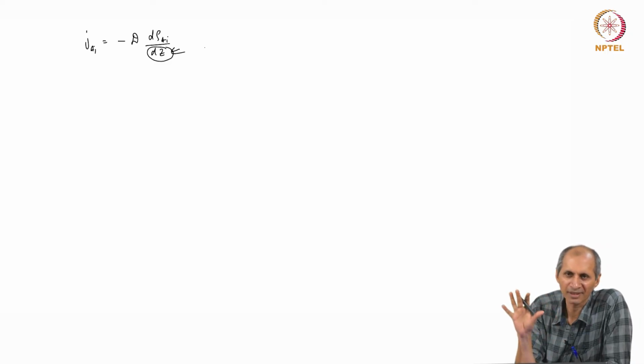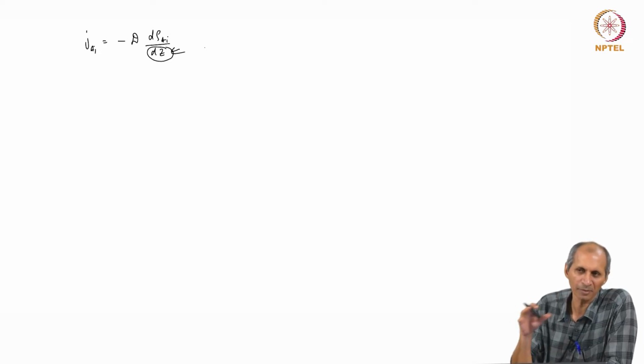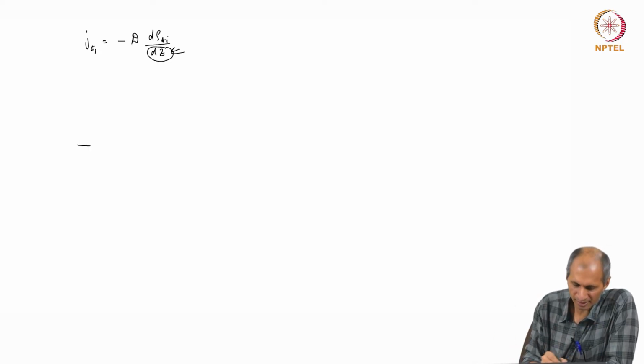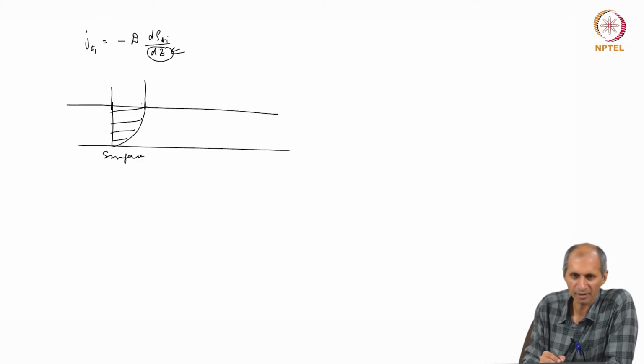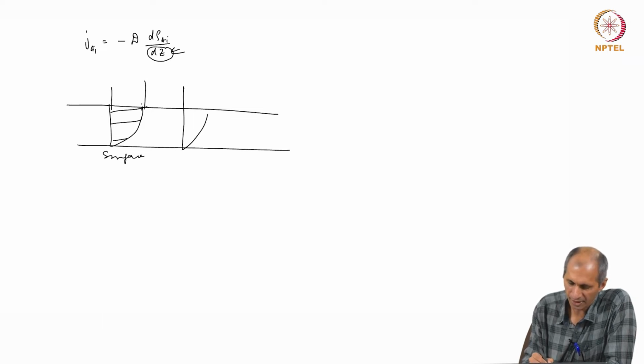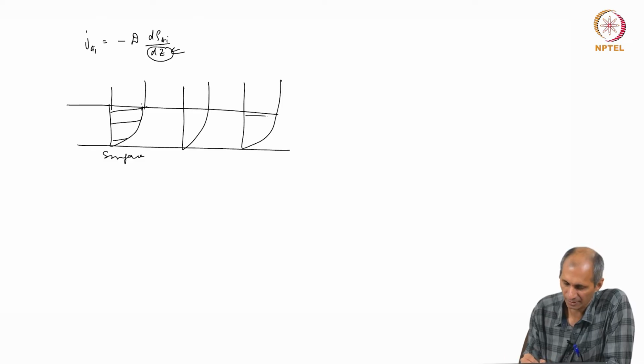So, this is a very theoretical concept and people solve it now, but when it originated, this is a surface and there is a velocity gradient. The idea was that somewhere below this there is a region where there is a velocity gradient, and this velocity gradient is changing with distance.